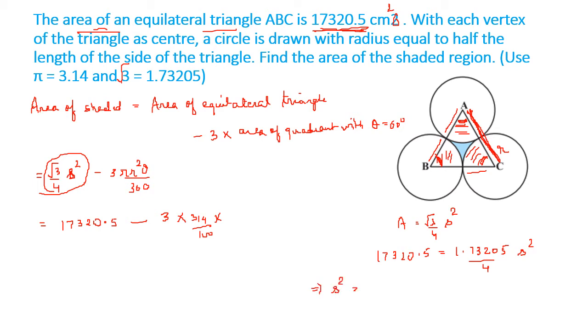So side square equals this 17320.5, this is going to be multiplication into 4, upon this comes in division, so 1.73205. These numbers are the same, but how much does the decimal point change? 1, 2, 3, 4. So this cuts and you get how much?